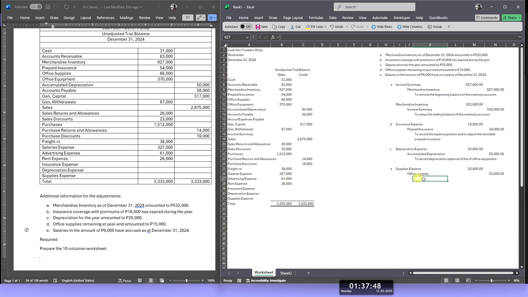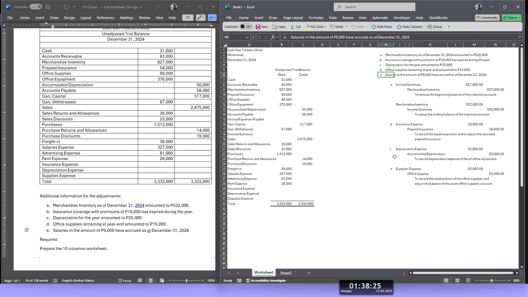And then to record the used portion of the office supplies and adjust the balance of the asset office supplies account.